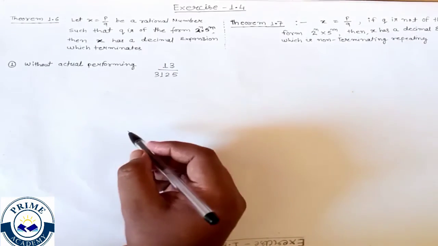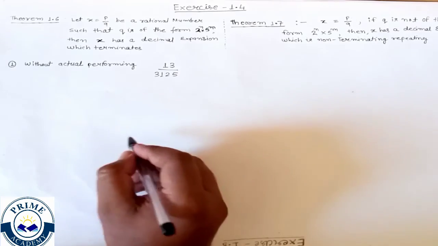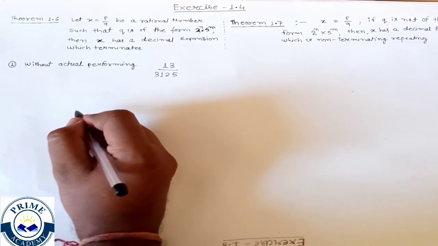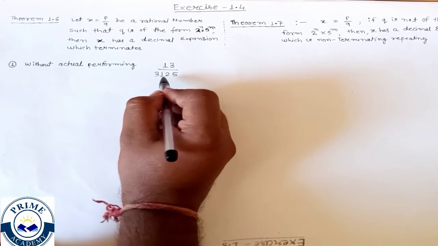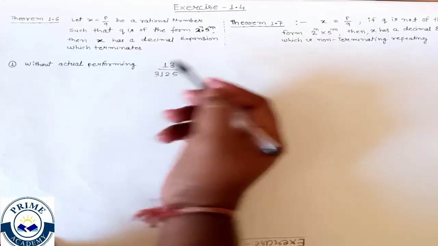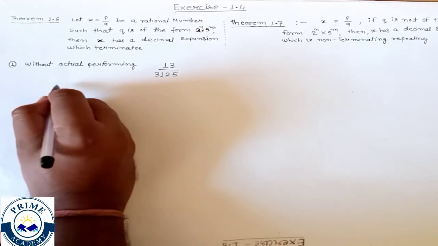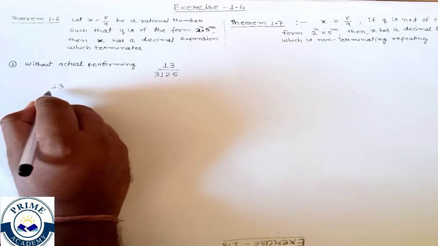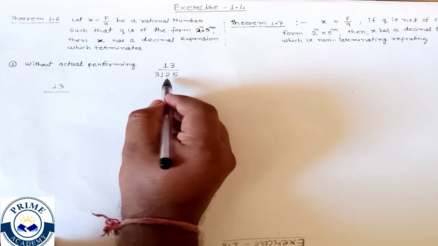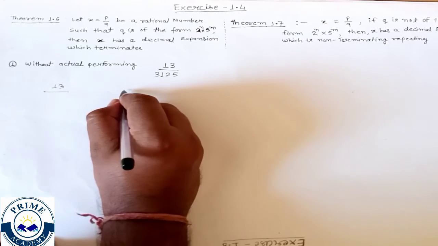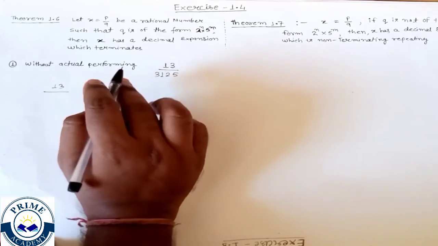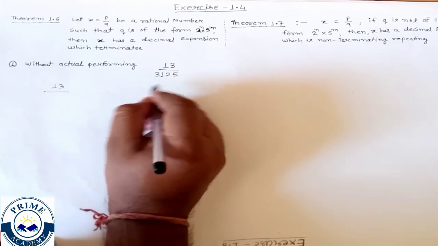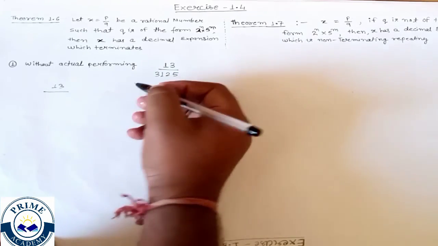So how will we check, right? We just expand it, factorize it, and you will get the right decisions. So 13 upon 3125. You just take somewhere else, not in your original copy, you just make this factorization somewhere rough, right?